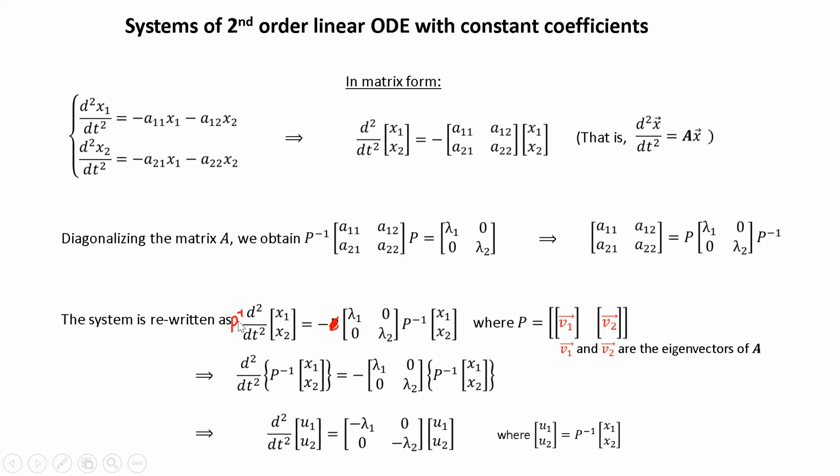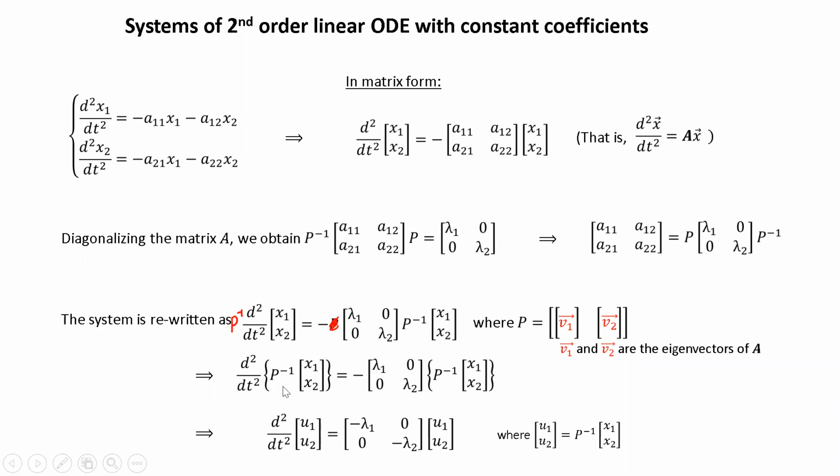And this P inverse and this derivative, the order can be reversed, because in a sense this P inverse is just a constant. It's a matrix, but the elements in this matrix are all just constants. That's why this P inverse can be put after the derivative sign. So this is the new system that I obtained.